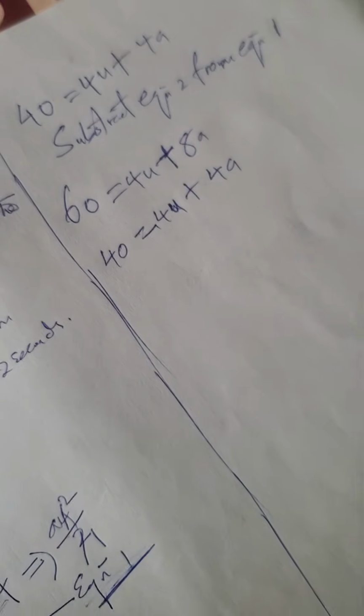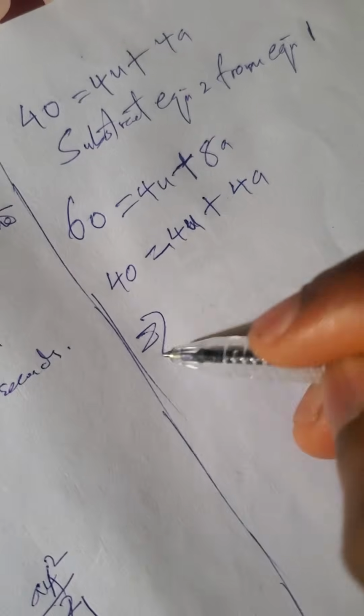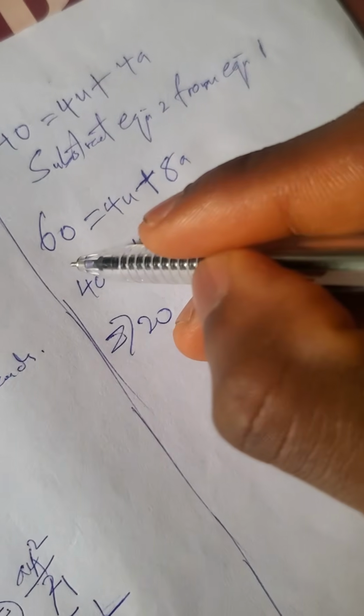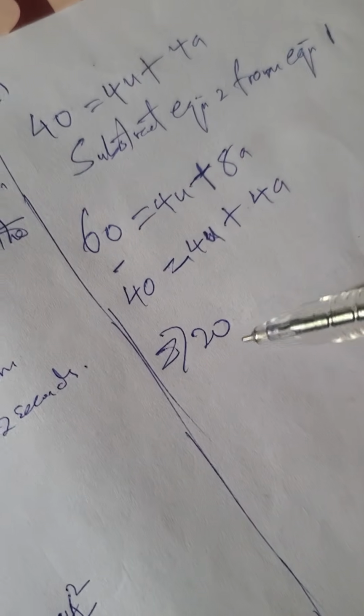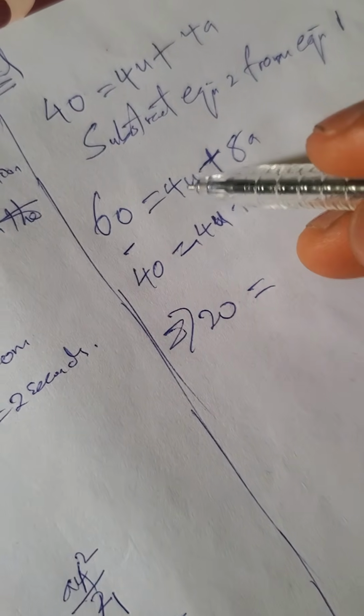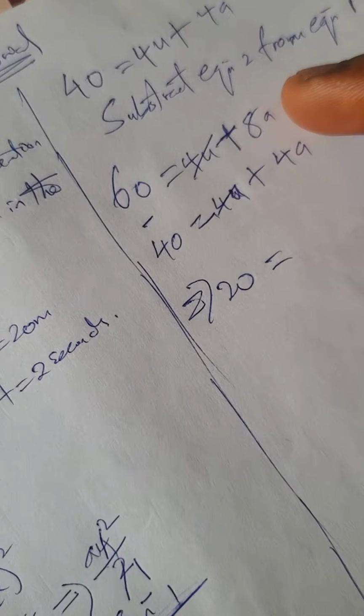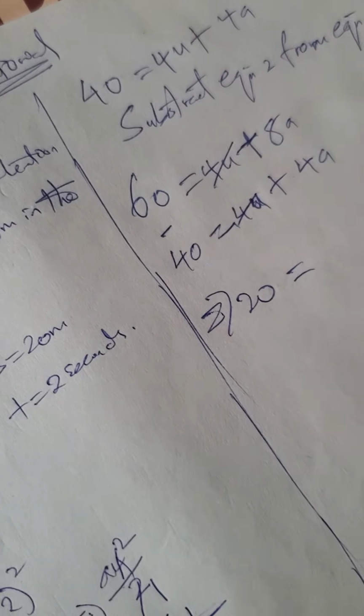Now you discover that 60 minus 40 gives you 20. Then 4u minus 4u is gone. Then 8a minus 4a gives you 4a.